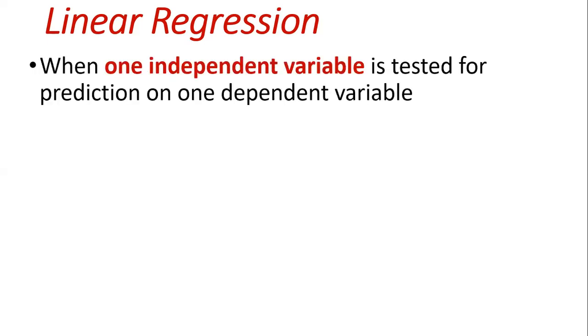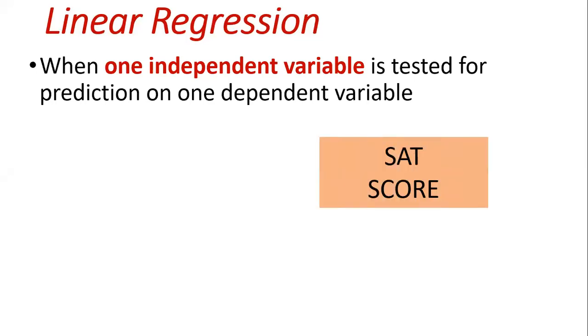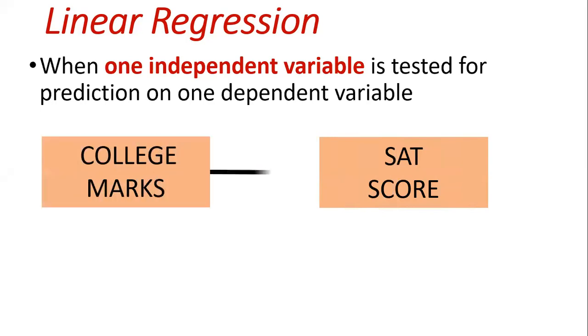I'm going to show you what linear regression is. When you have one IV acting on one DV, it is called linear, something like this. The DV is the SAT score. SAT stands for Scholastic Aptitude Test.